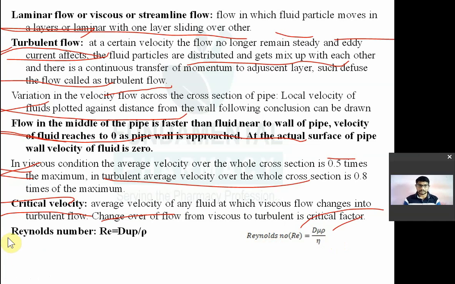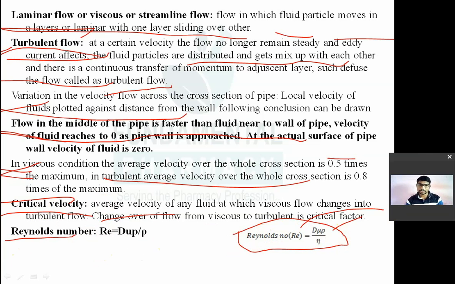Now Reynolds number. Reynolds number is defined as Re is equal to D v rho divided by mu. So Reynolds number क्या आता है देखो यहाँ पे D v rho divided by ये दूसरा एक mu है. Okay, so out of that what is D? D is nothing but the diameter of pipe.